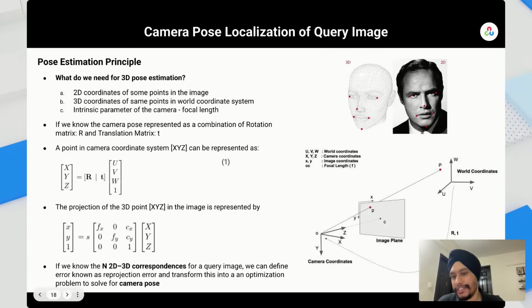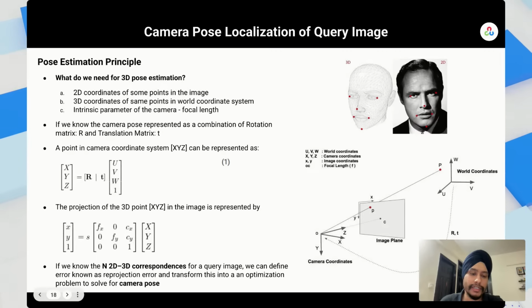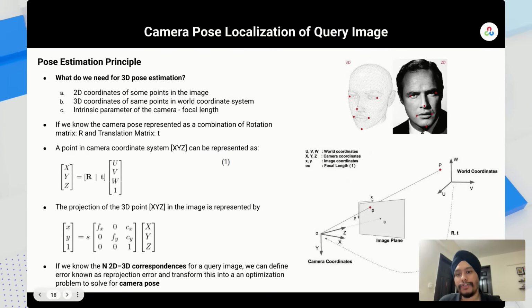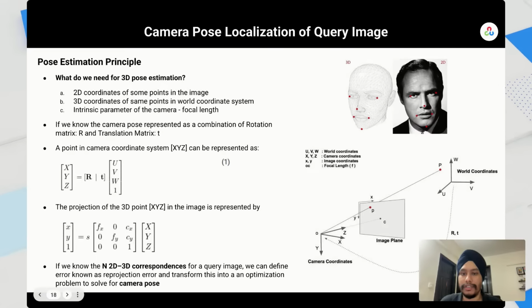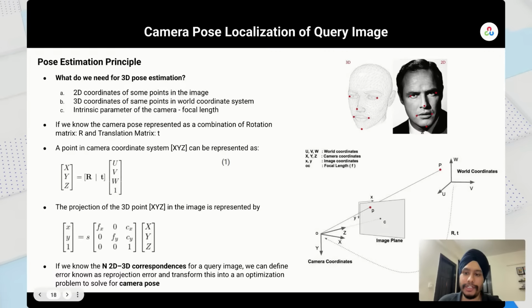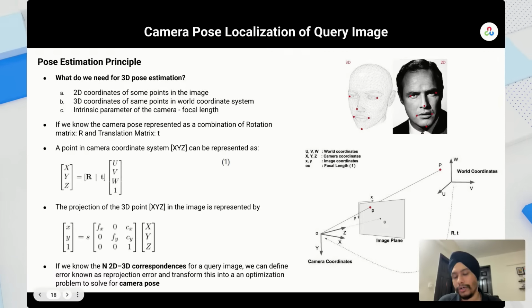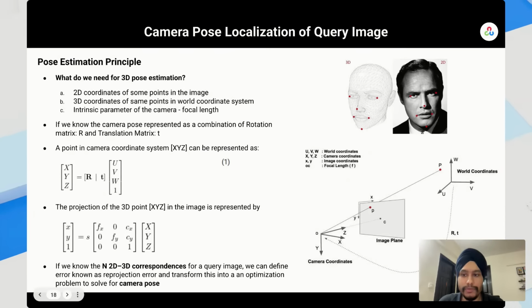The first thing we need is the 2D coordinates of some points in the image. These are the key points or the features which we have detected. We need the 2D coordinates of these key points, and then we also need the corresponding 3D coordinates in the world coordinate system. We have the 3D reconstruction already from this model.